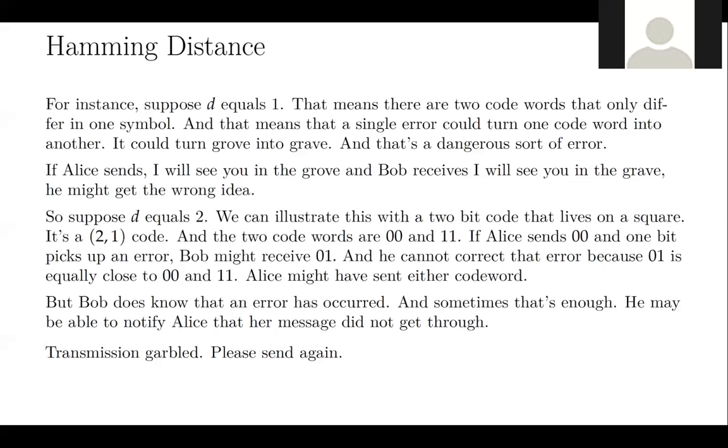If a 00 was sent and a 11 was received, that would be a 2-bit error, and he would not be able to figure out that it was an error. He can only find a 1-bit error.